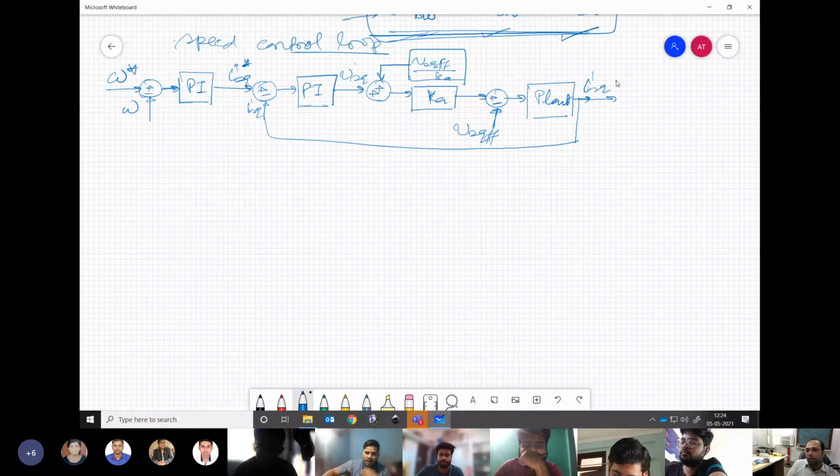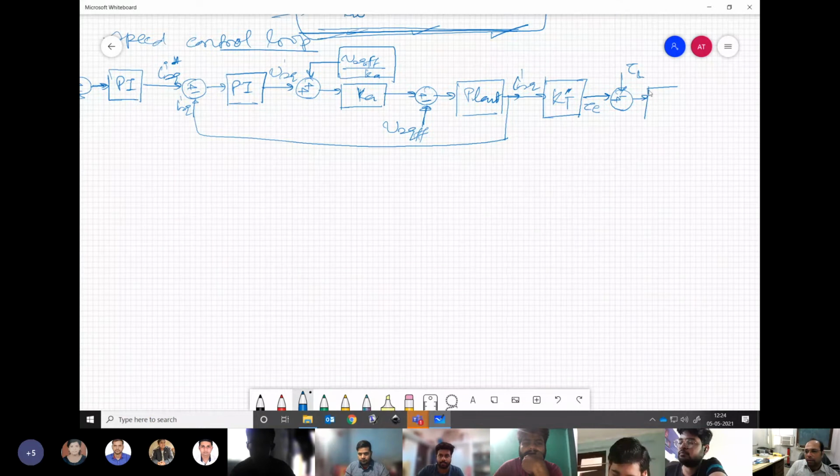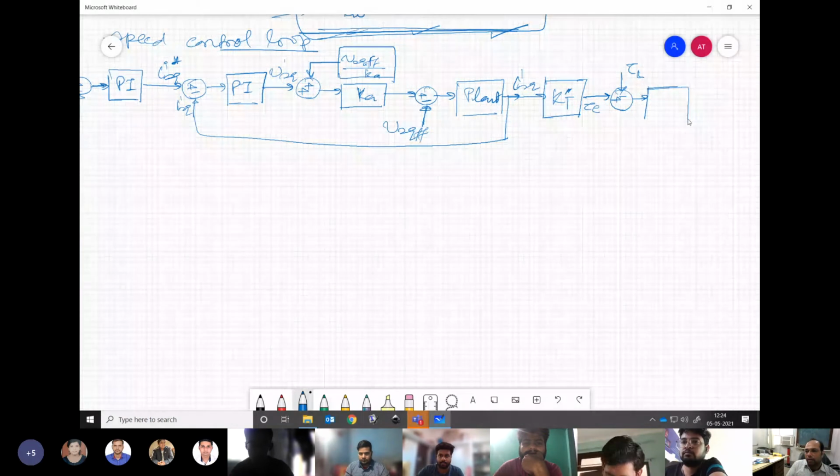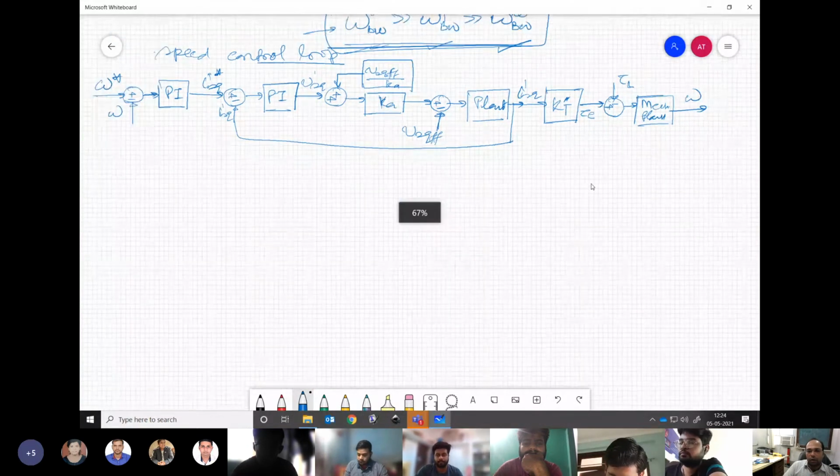ISQ passing through your KT dash, which means a constant value, generates your electromagnetic torque, which once you subtract the load torque, that defines your omega after the mechanical plant. And this gives your omega. And then we can close this loop.